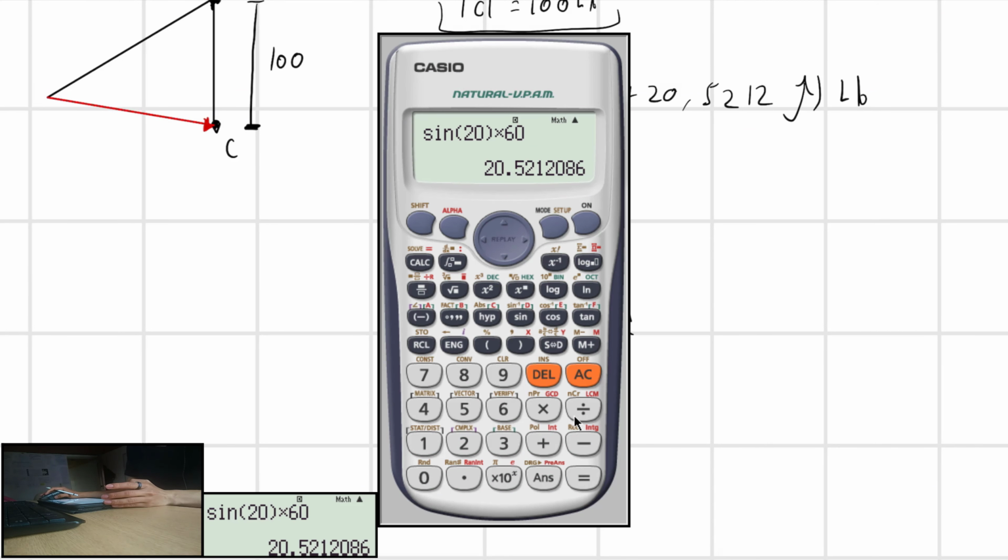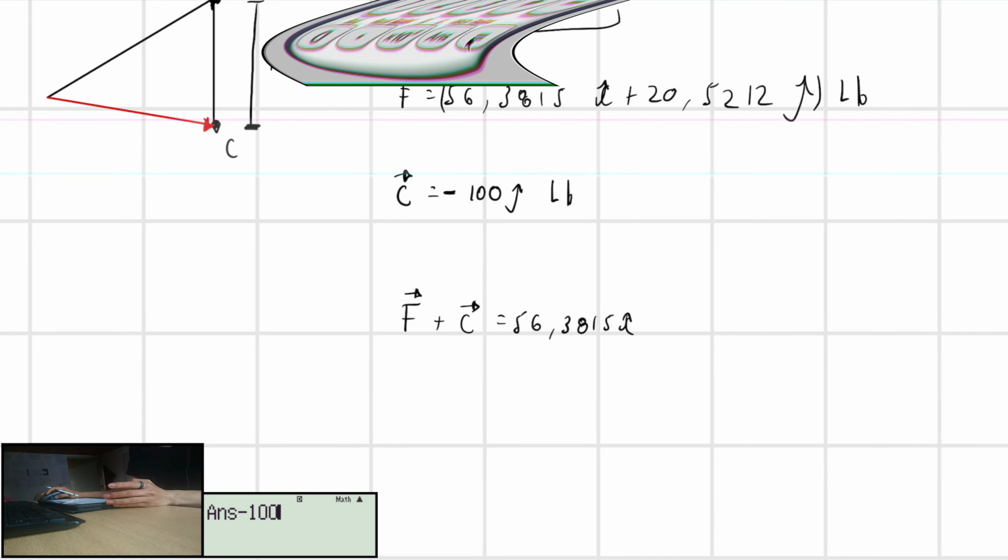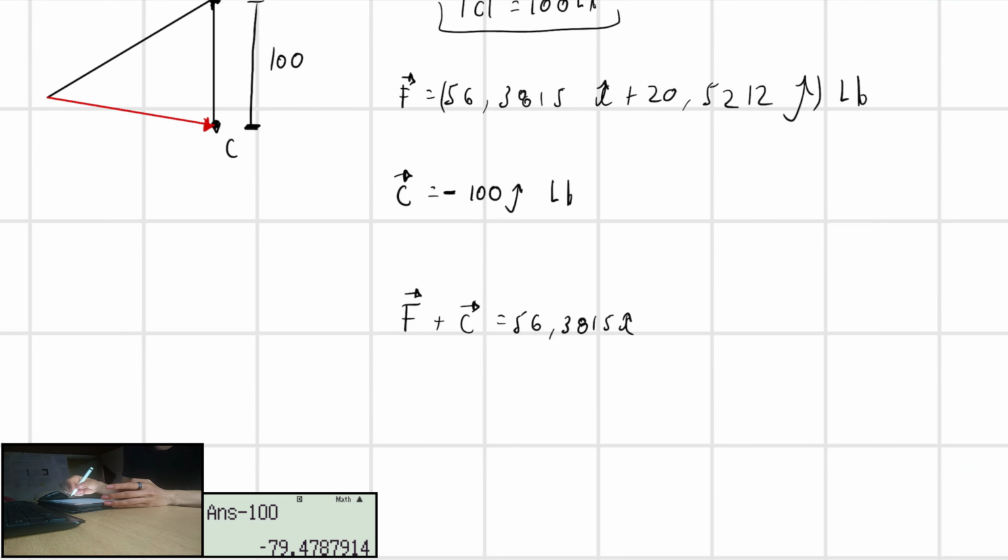This number minus 100 is minus 79.4787 along the j direction. And this is in pounds. Remember, all we have to do is to add the components that are along the same direction. As you can see, this is along the j direction and this as well, so I can add them together.